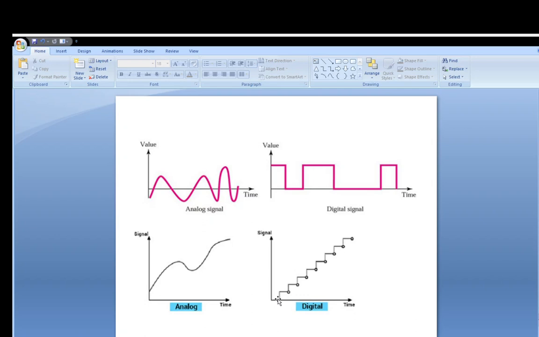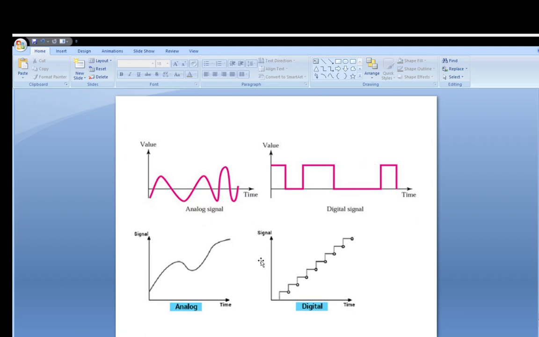So 0, then 1, then 2, then 3. There will be no value defined between 3 and 2 or 4 and 3. So this will be called again a digital signal. This will be called analog signal, where any value is possible. Only limited values, two values, are possible, that's why it will be called digital.